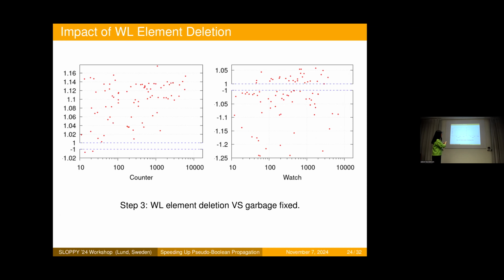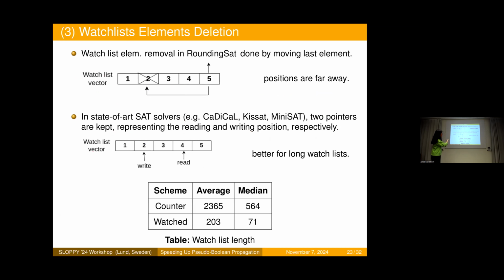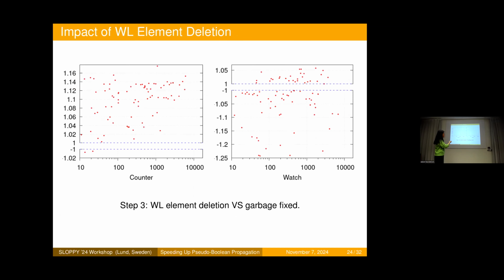But if we now apply these changes for watch, there could be many reading and writing operations. So that's why for watch propagation it is better to keep the original method, just copy the last element to the current position.